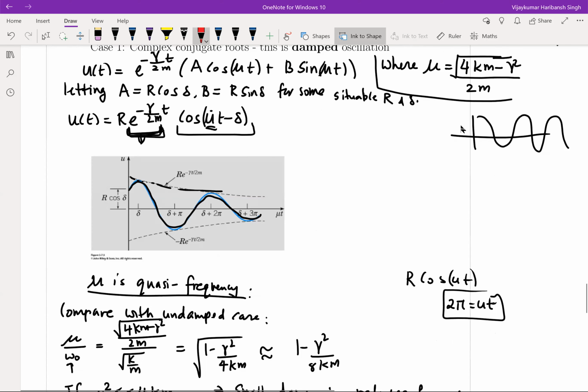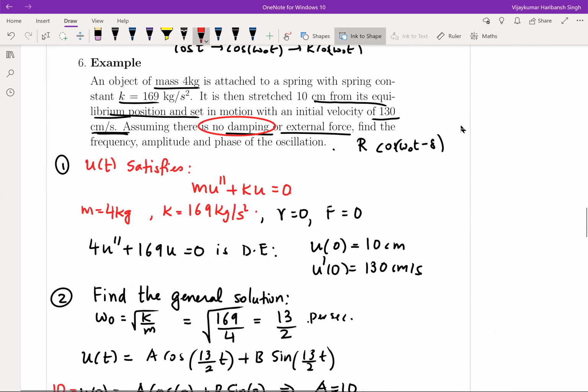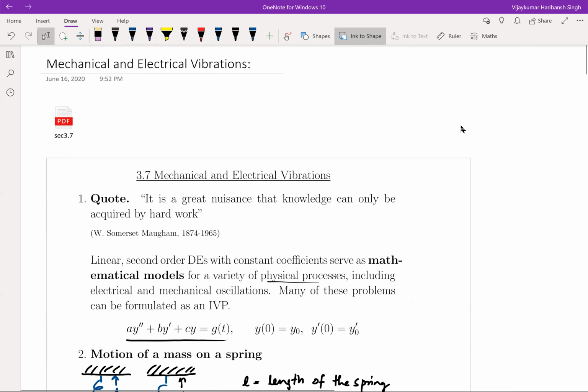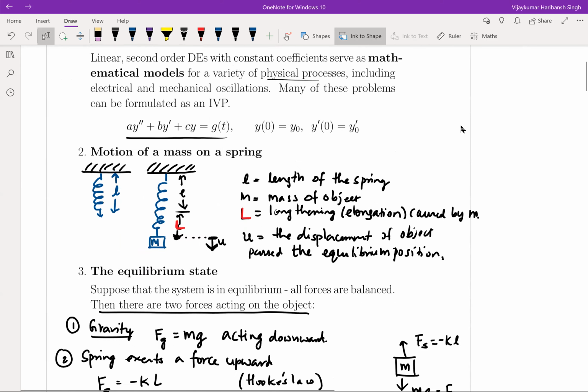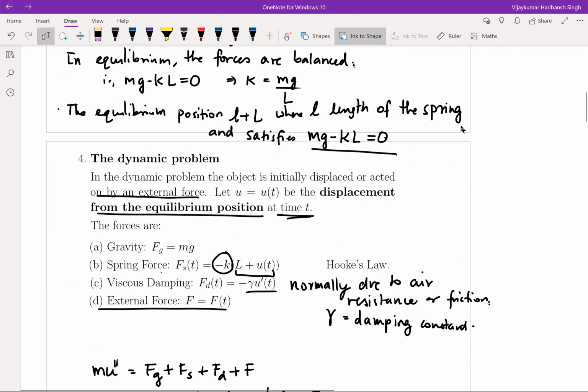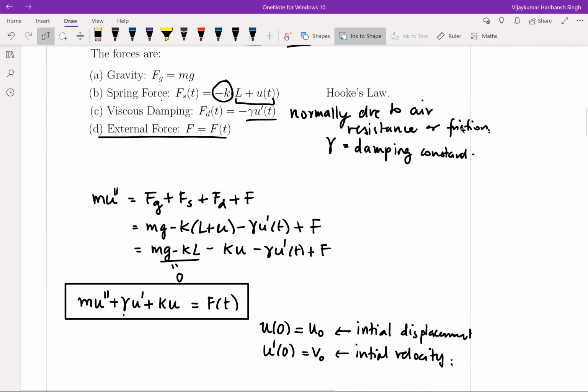Okay, so in this lecture, what have we done? We have tried to understand the mechanical vibration of a spring, and the mechanical vibration of the spring basically led us to the following differential equation here. And in this work, we have assumed that the external forcing function is 0.